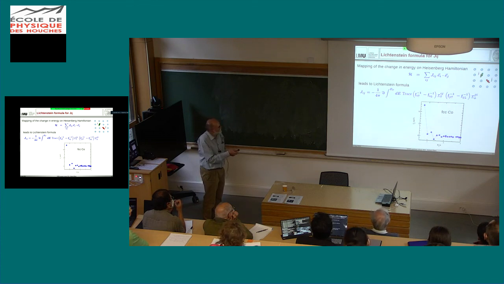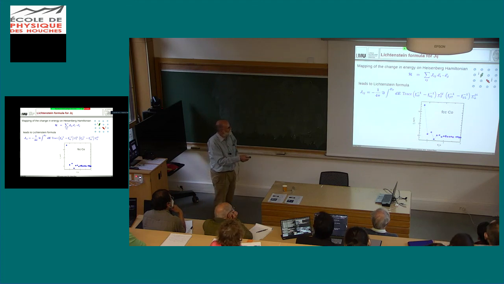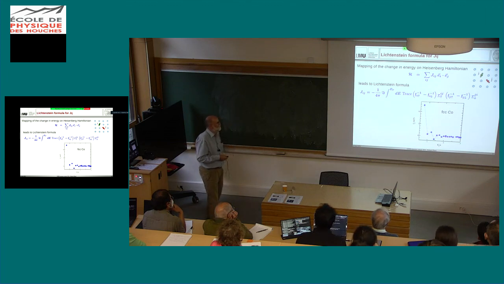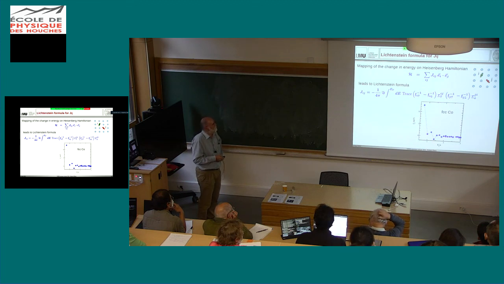You get an explicit expression for these exchange coupling parameters, and this is called in the literature the Lichtenstein formula or something similar. And you see results here for FCC cobalt as a function of the distance between two atoms. So this is now really standard, this type of calculation. But I would say it's a very nice example of what can be achieved that way.